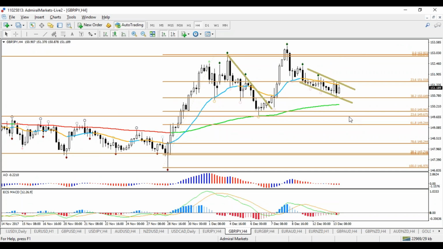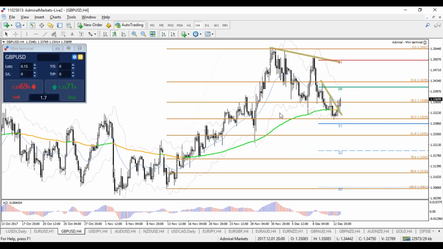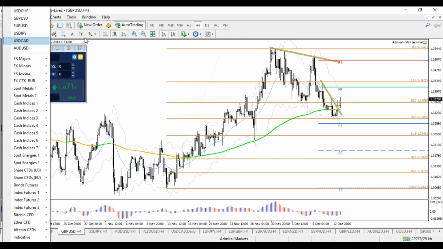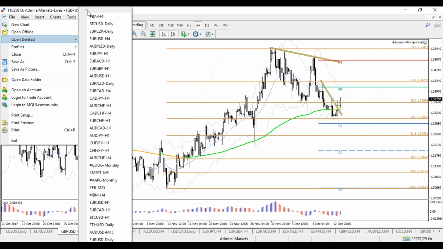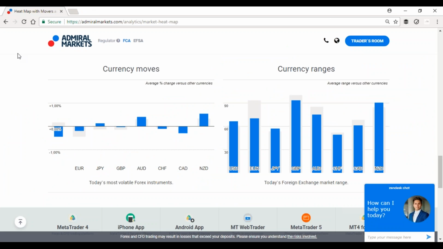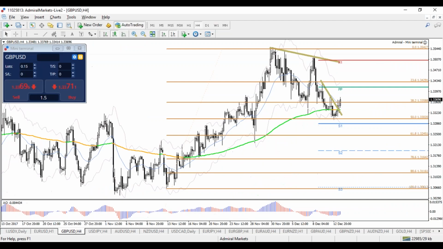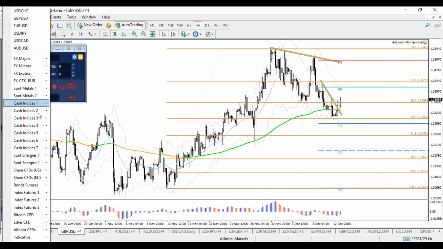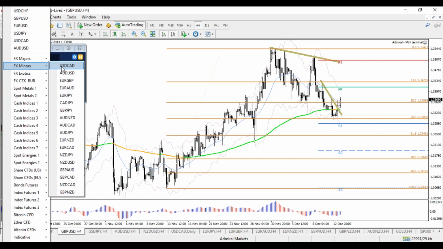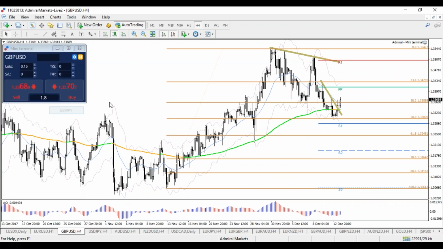If it does move lower, then I would still think that this zone right here, I just deleted my chart, one second. Okay, let me open a new one. Then that pound yen, I was talking about the pound yen, that support zone could be a bouncing spot.